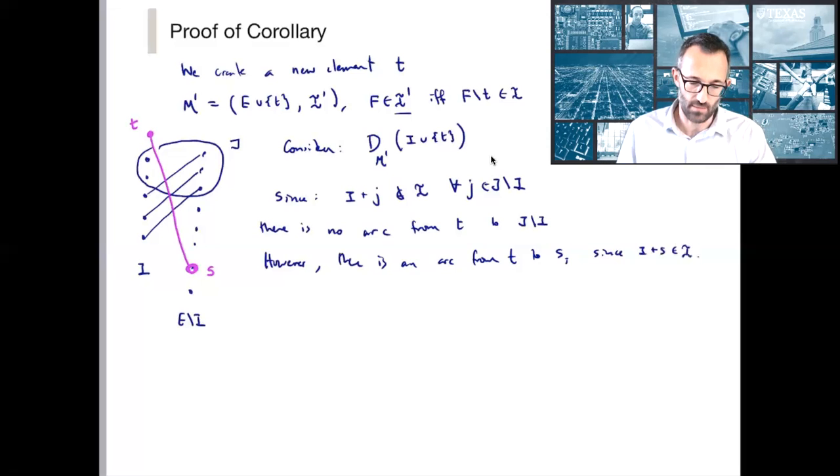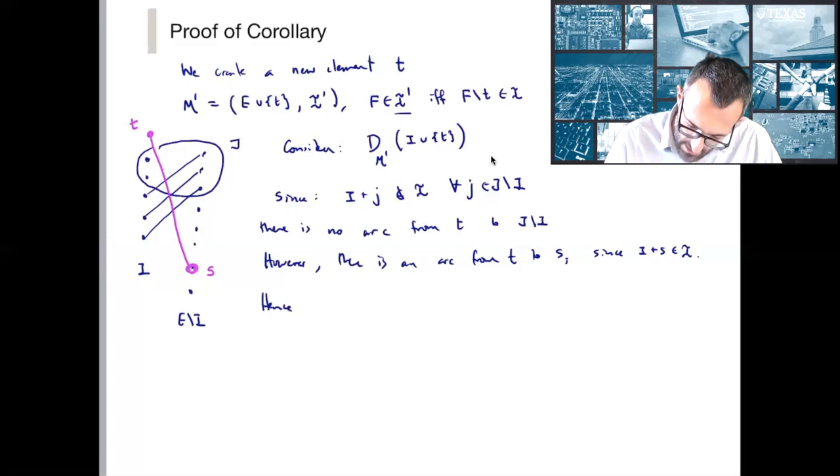And this is by assumption. So now we can apply exactly our previous theorem. Since this edge T to S exists, and there's no other edge from T to J minus S, and since there was originally just a unique perfect matching, there still is a unique perfect matching in this larger graph.